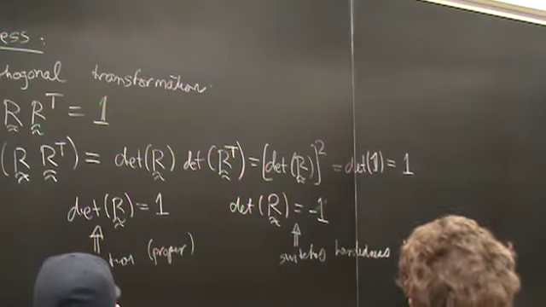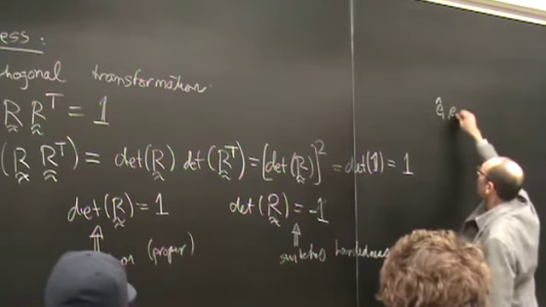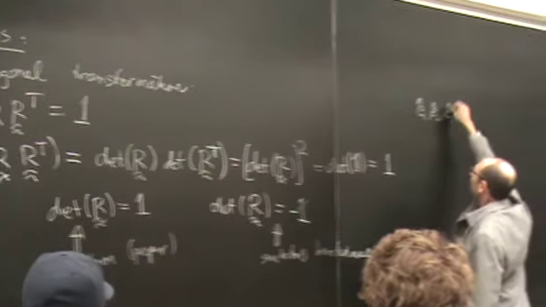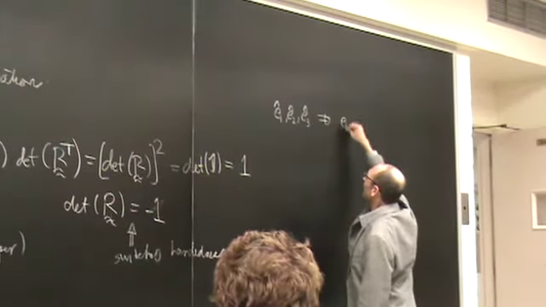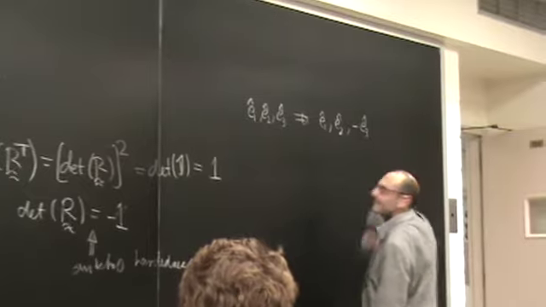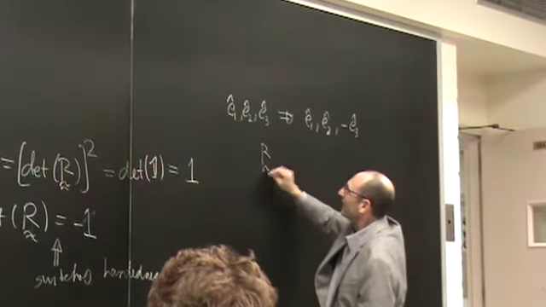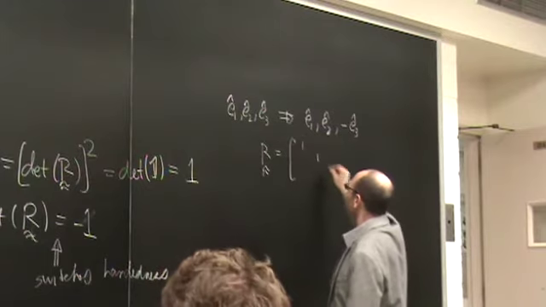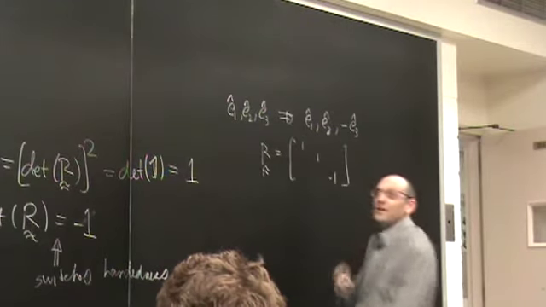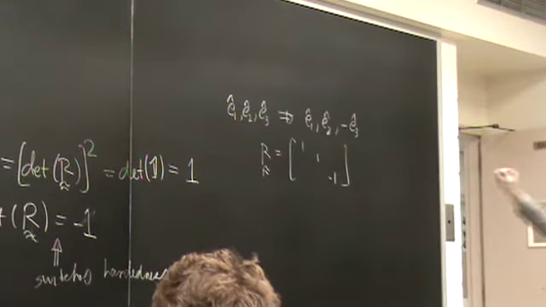So if I have a transformation that takes, say, E1, E2, E3 to E1, E2, minus E3, right, that R is diag(1, 1, minus 1). And that is a reflection.